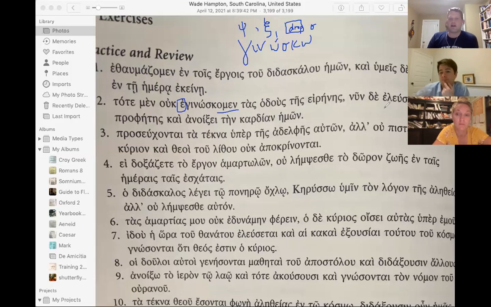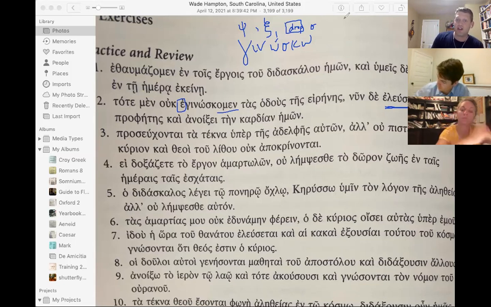Our other verb is eleusesthe. Now this is that separate strange category where we have to look at our new vocabulary. And this is what it says: eleusomai, I will come. It's the deponent future of erchomai.